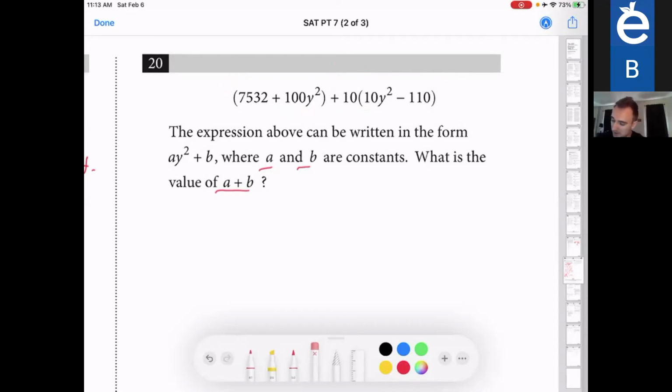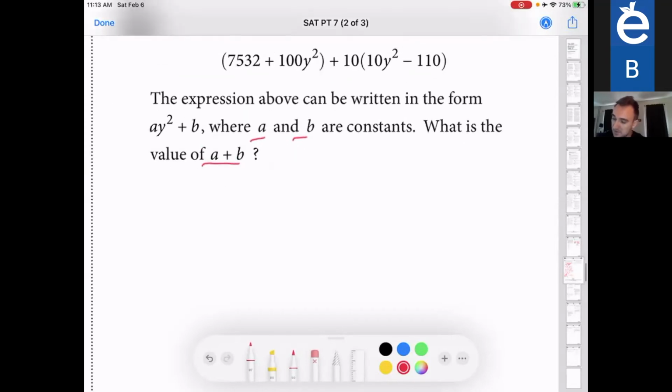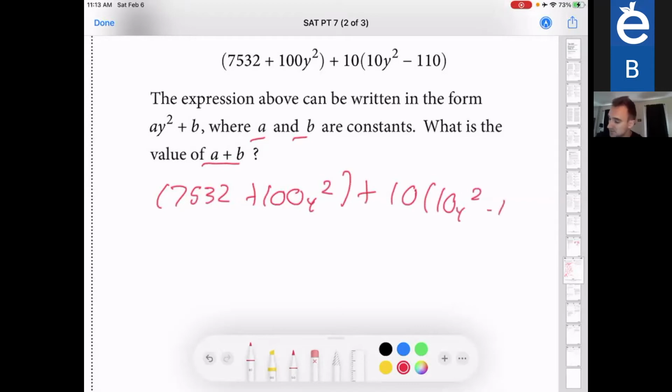So I'm going to rewrite what I have down here, give myself some room, try and simplify this. 7,532 plus 100y squared plus 10 and y squared minus 110.